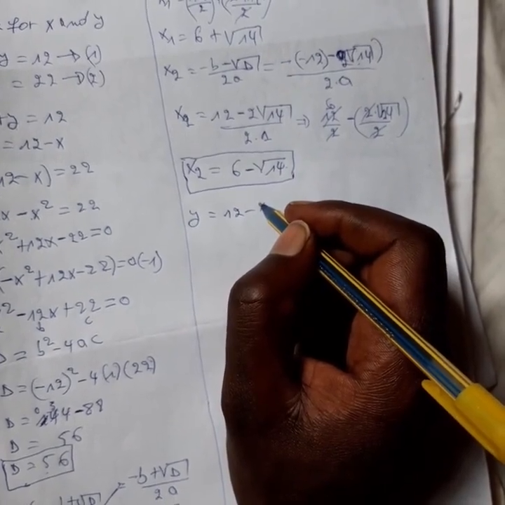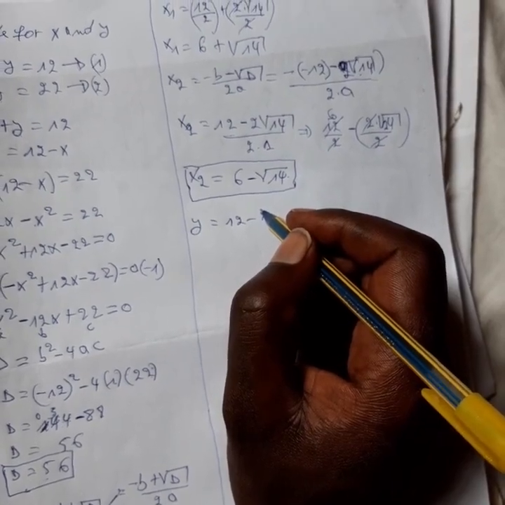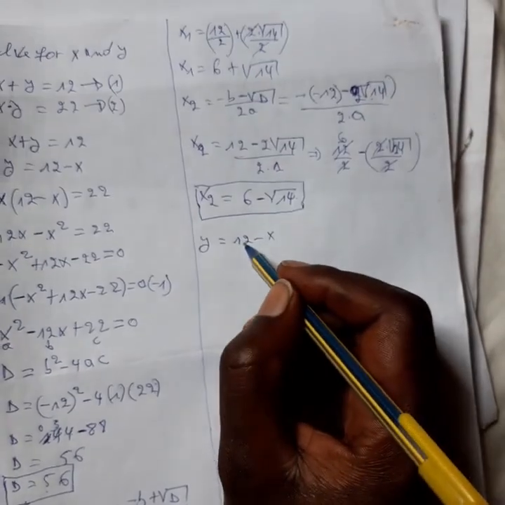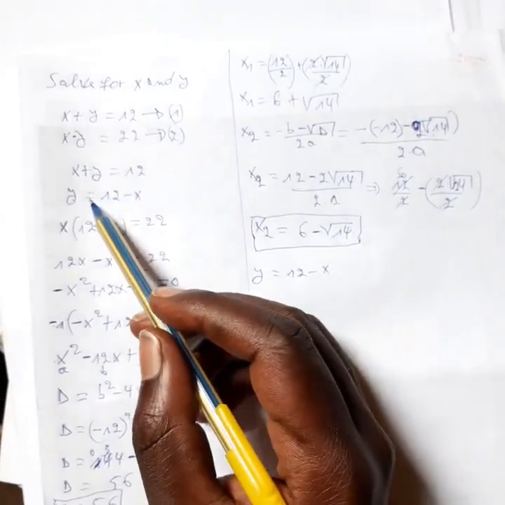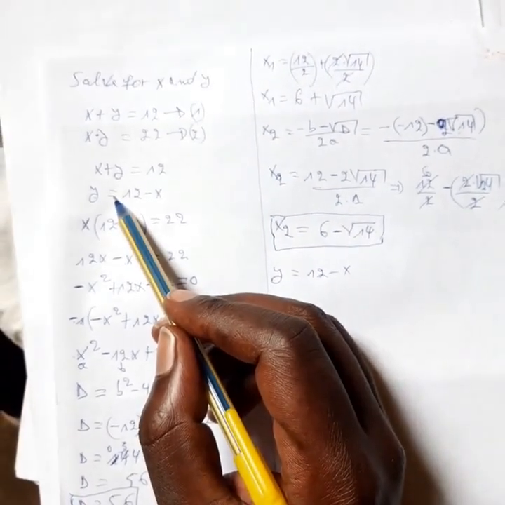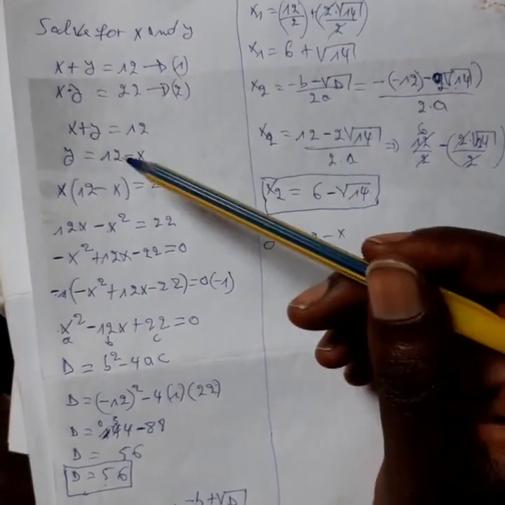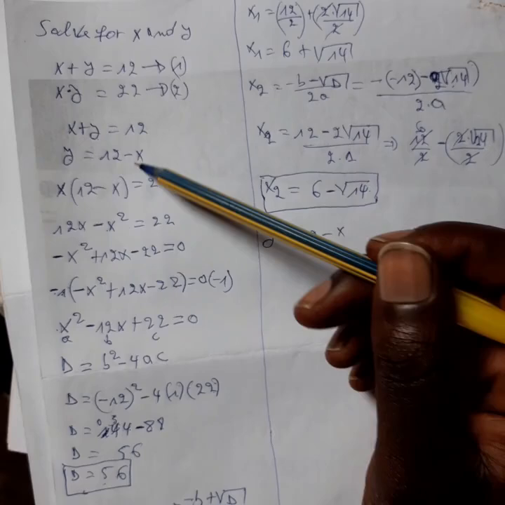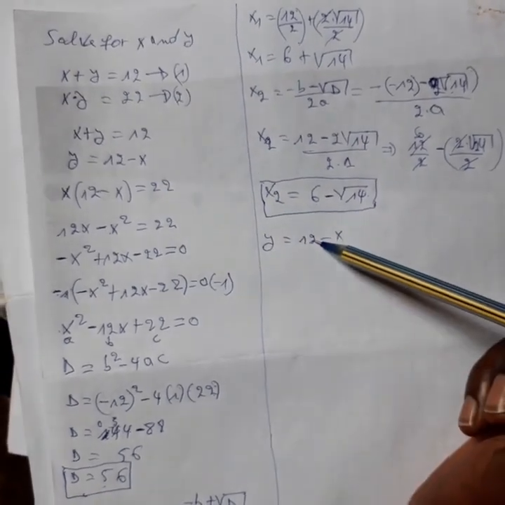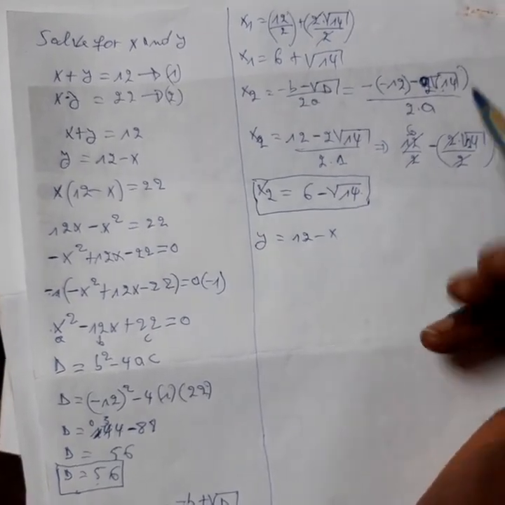Then we're going to replace the value of x. So this comes from here, where we began. This equation is the one which is here. Then we're going to replace the value of x.